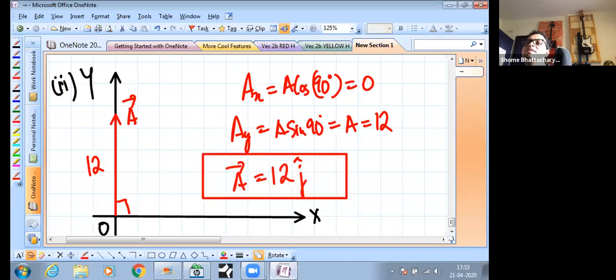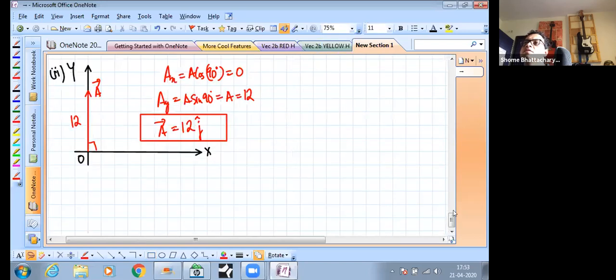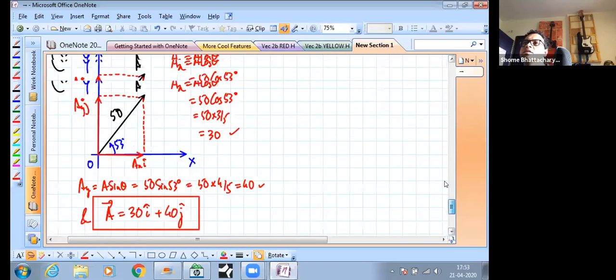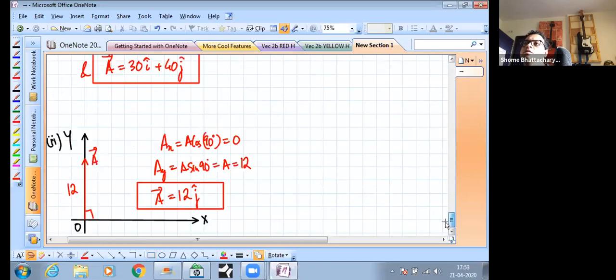Now the slightly tricky part is the third part, which I am coming to, but first, let's go through this and let me quickly verify if one is correct. Yeah, 12. So this is the solution to the second part.